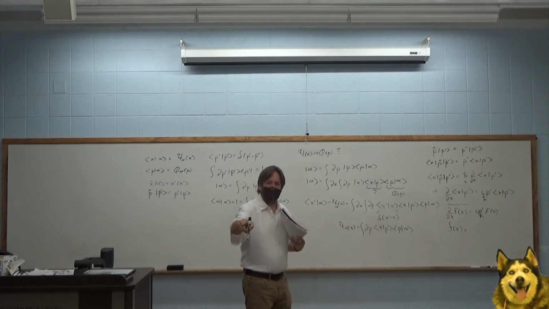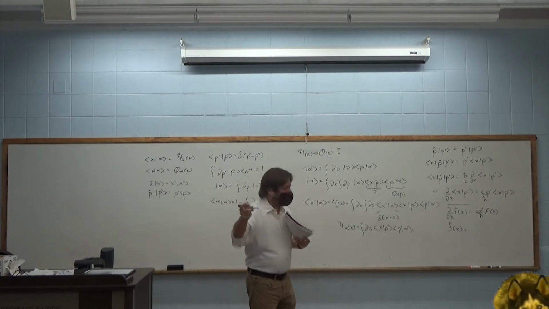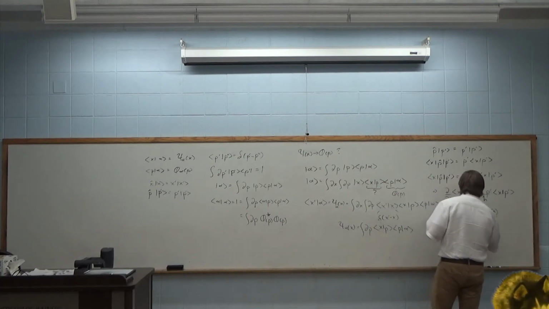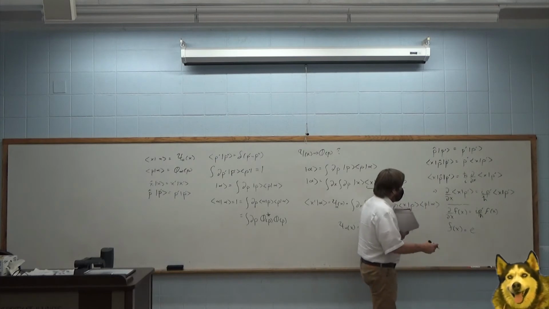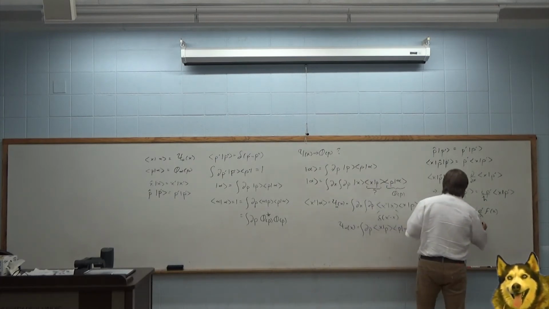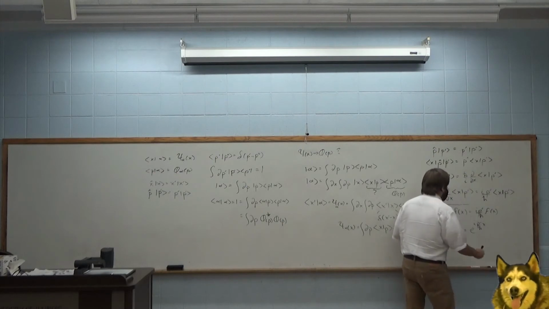I heard the answer, but I heard it over here, so I want to hear it from over there. Yeah, it'd be e to the x. The derivative of e to the x is e to the x. Oh, yeah, but constants come out, so that's going to be i p over h bar, there's a dash, not that it matters. There we go.